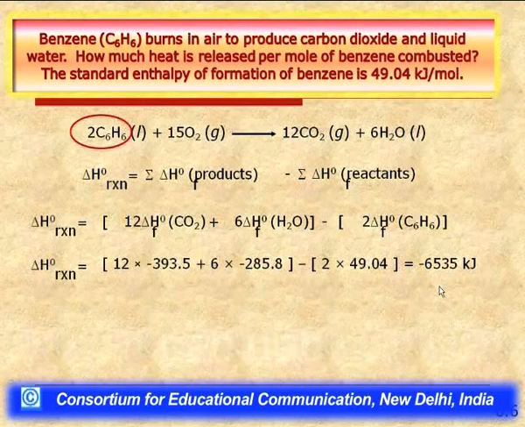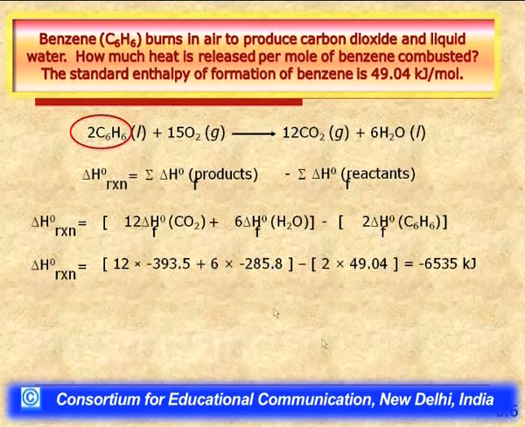But as you all know, in this reaction, which we had written as a balanced chemical reaction, we had 2 as the stoichiometric coefficient for benzene. If we go by the definition of the combustion reaction, it is the enthalpy change when 1 mole of the combustible compound undergoes combustion.